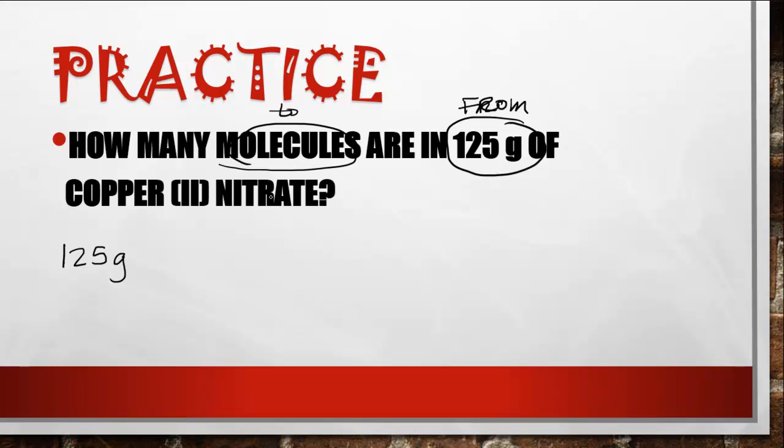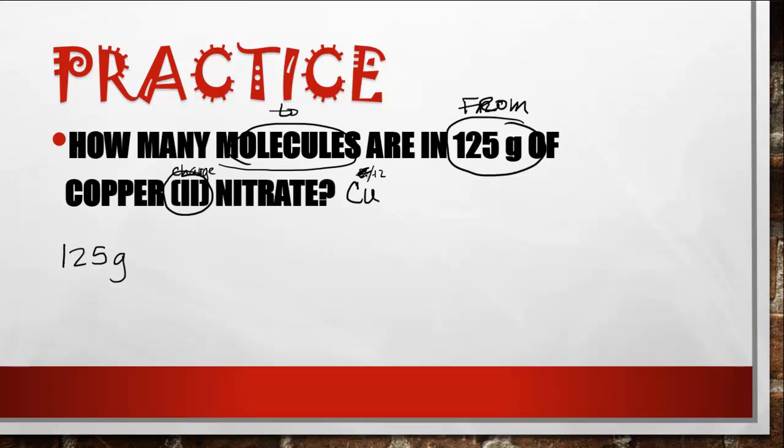So I'm running into a little problem here, is this is just a name. So we need to go back and figure out what is this formula, because the formula is going to help us get to the molar mass. So we're going to look up copper. And we get Cu. Now we notice copper can be +1 or +2. So how do we know which copper we're using? Well, that comes from this. So remember, this tells us the charge. This tells us which one we're using.